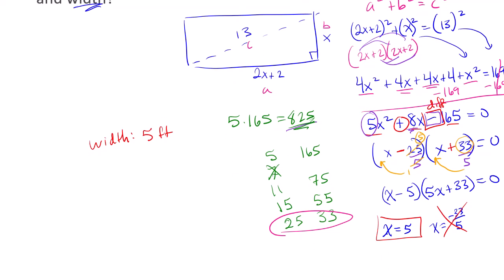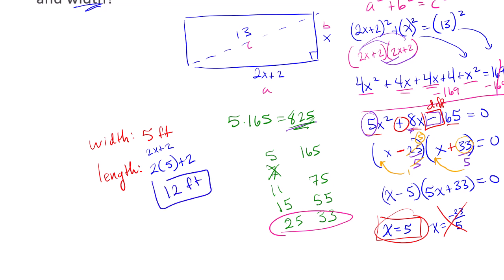And then the length, remember, it's 2x plus 2, so it's going to be 2 times 5 plus 2, which equals 12 feet. Okay, so there's the length and there's the width.